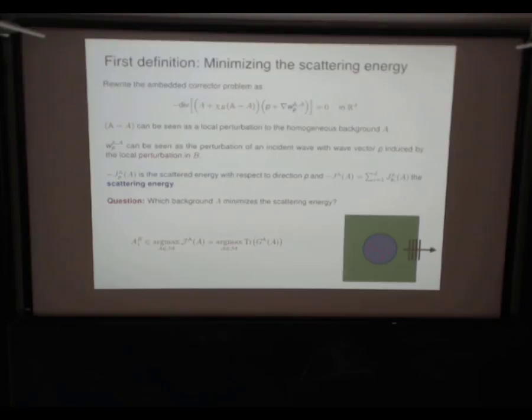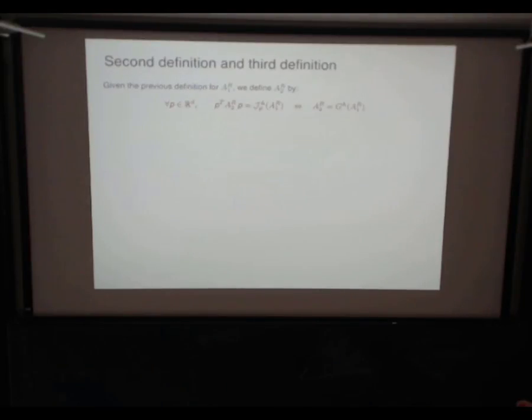There will be two more definitions. So first, the second one: given this scattering energy for a certain given P, and you plug in the previous definition, we know that there is some GA that is giving this quadratic form, and this GA we call A2R.